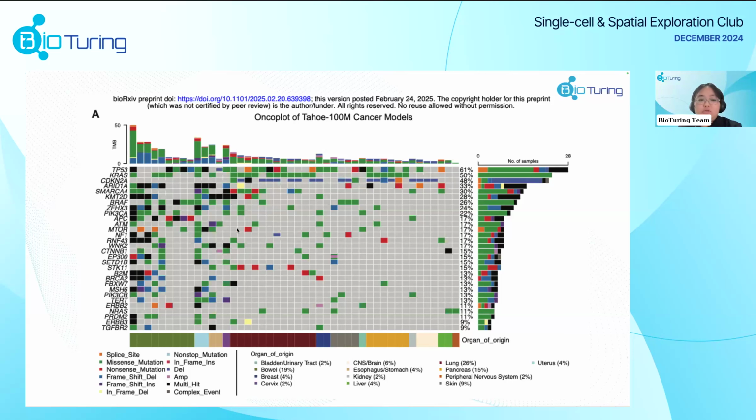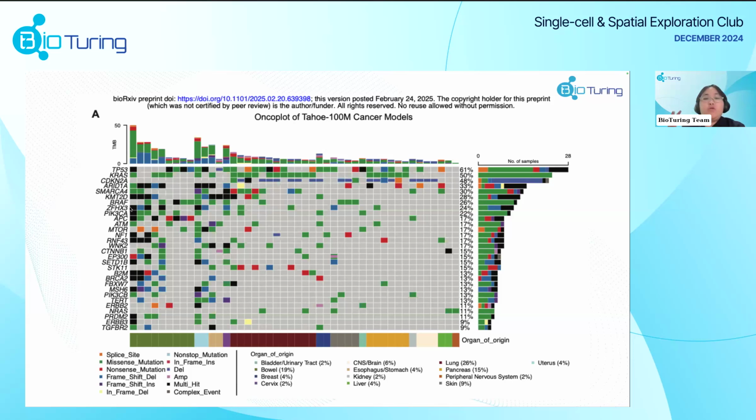And to sum up, this oncoplot provides an overview of the genetic landscape of the cell lines used in the study, and it also sets the stage for subsequent analysis of drug-induced transcriptomic changes and allows us to explore context-dependent responses to various perturbations.